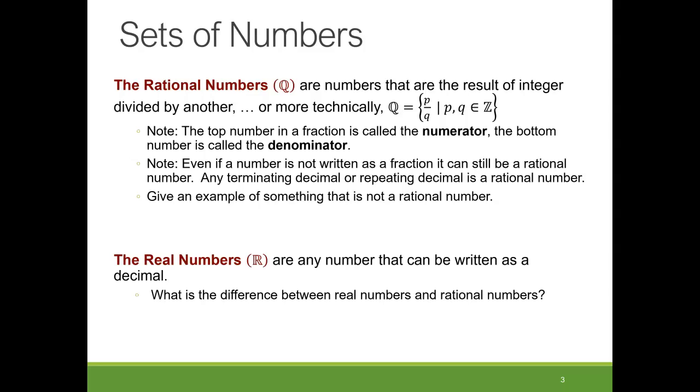So pi, real number. E, real number. 7, real number. 0, real number.